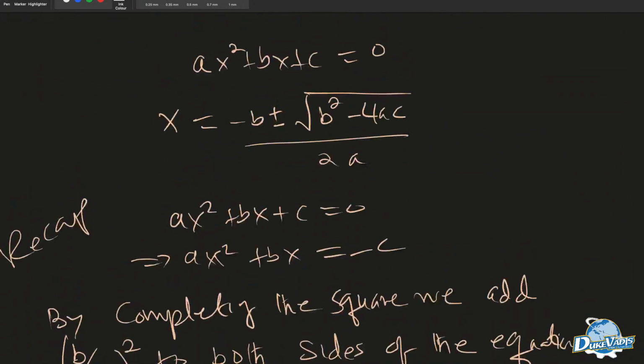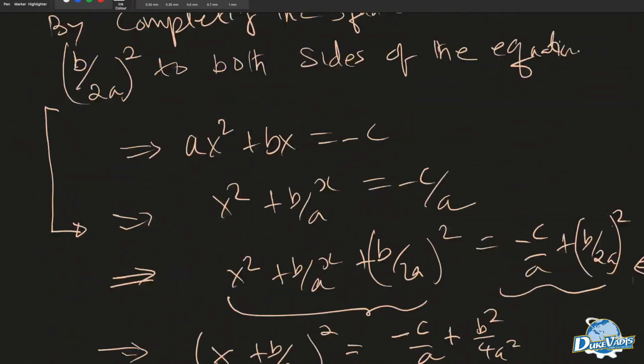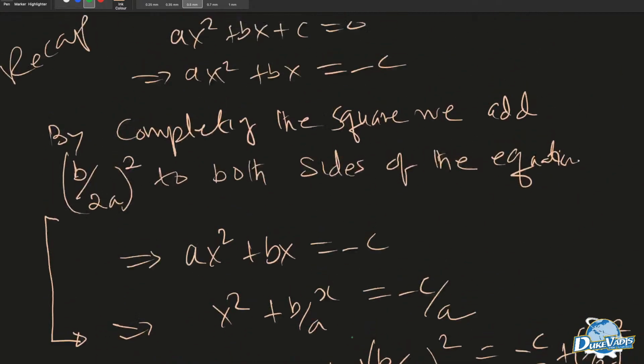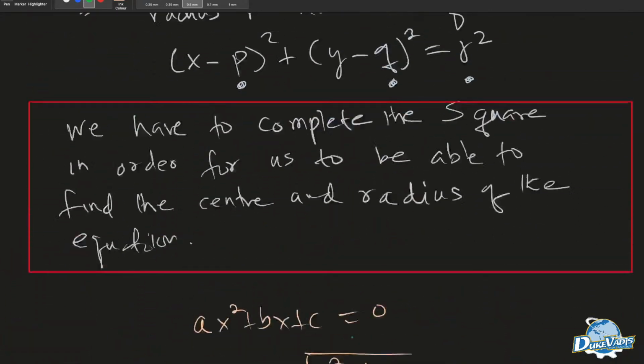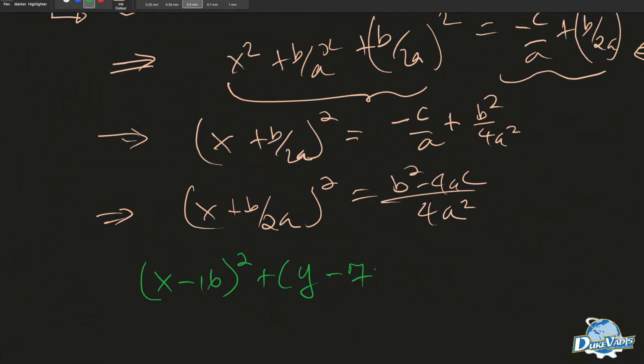You will see that, for instance, in this question where we have x minus 16 squared plus y minus 7 squared is equal to 18. We're supposed to find the center and also the radius of the equation. And it's not anything difficult.